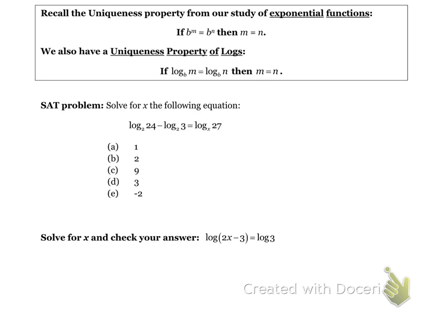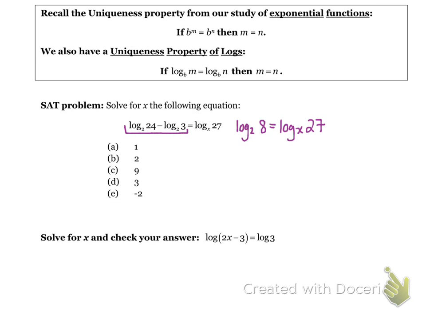Looking at this SAT problem, combining the logs on this left side is the first step. With the quotient property, that gives us log base 2 of 24 over 3, which is 8, which is equal to log base x, we don't know what x is, of 27.